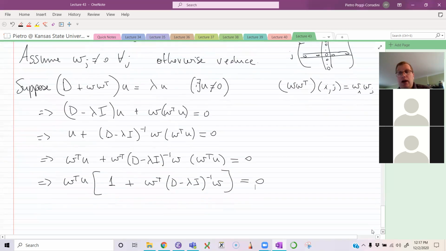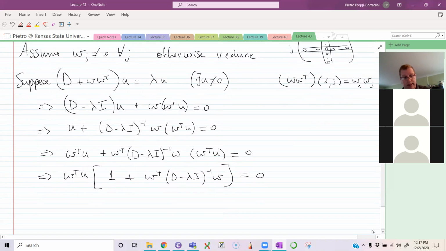Okay, but now we have a product of two things equals 0, right? So let's see, if w transpose u is 0, what does that mean? Well, if you go back up to the top, it tells you that D u is lambda u, right? Agree with that?